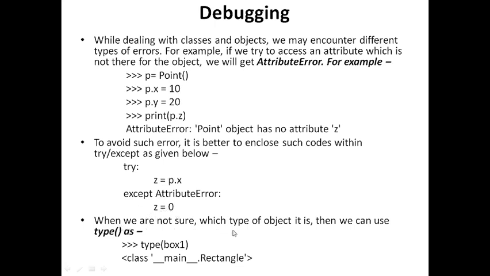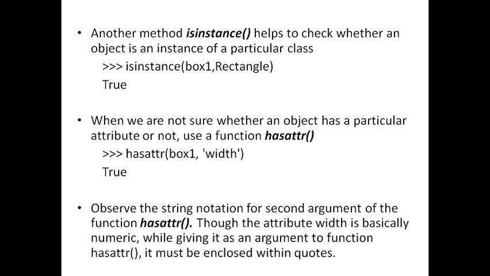So when we are not sure which type of object it is, then we can use type. If you don't know what type of object you are using, then you can use the type function in between the program. Another method is isinstance, that helps to check whether an object is an instance of a particular class.